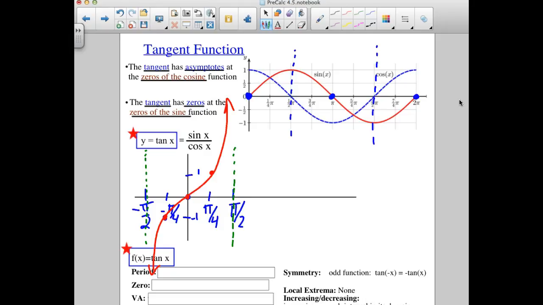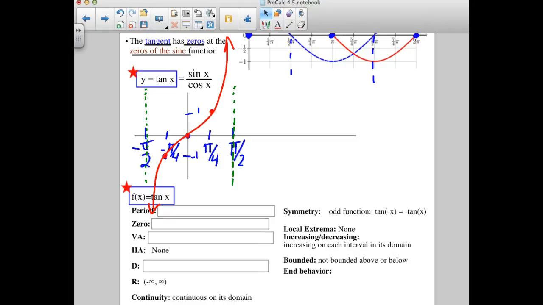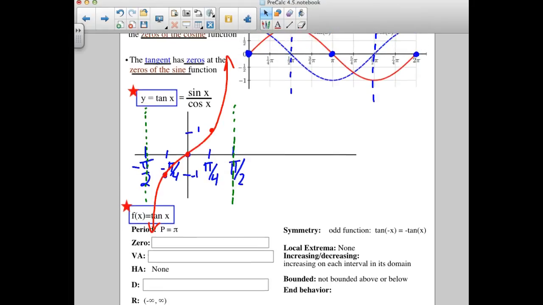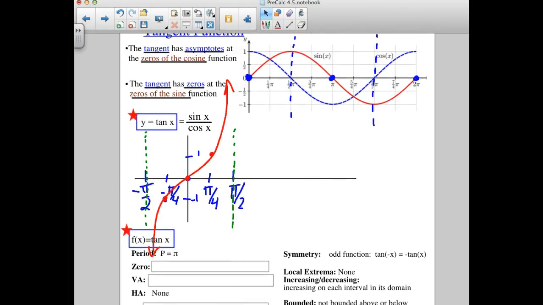All right, some characteristics about the tangent curve. What did we say the period length was? Pi. We do have zeros. Where do they happen? Go back up here. They happen at 0, right?